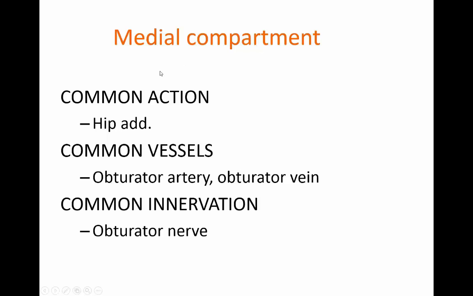Common actions of the medial compartment are hip adduction. Common vessels are the obturator artery and obturator vein. Internal iliac artery passes through that obturator foramen where it becomes the obturator artery. The obturator vein, of course, starting distally and going back. Common innervation is by the obturator nerve.